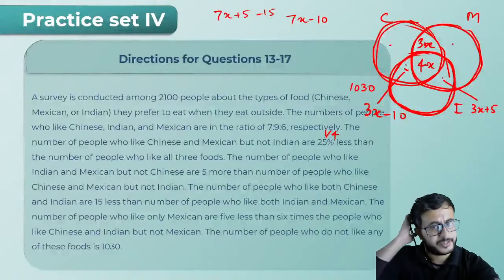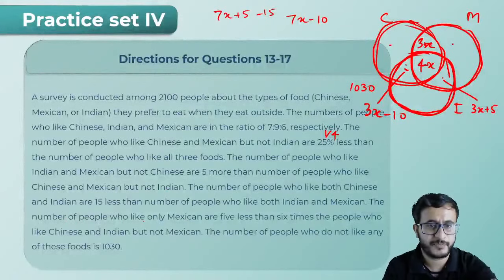Done. Okay, now we are given that the number of people who like only Mexican are 5 less than 6 times the number of people who like Chinese and Indian but not Mexican.